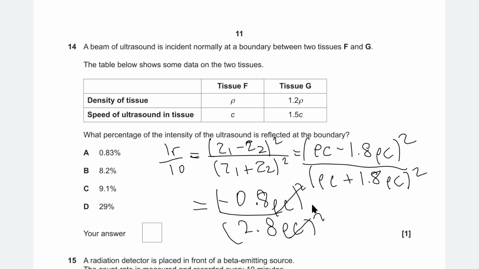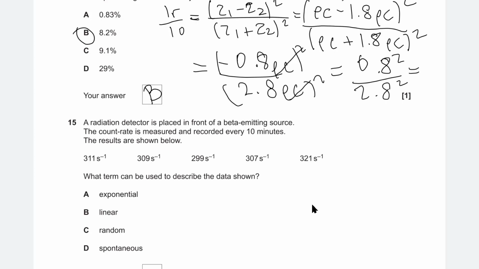Those things are going to cancel, and what we're left with is 0.8 squared over 2.8 squared. Put that into a calculator, and this will correspond to 0.0819, which is around 8.2%. Correct answer is B.